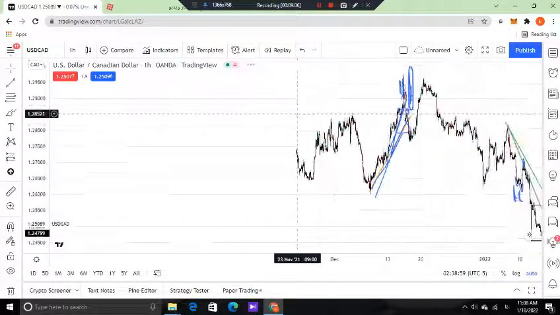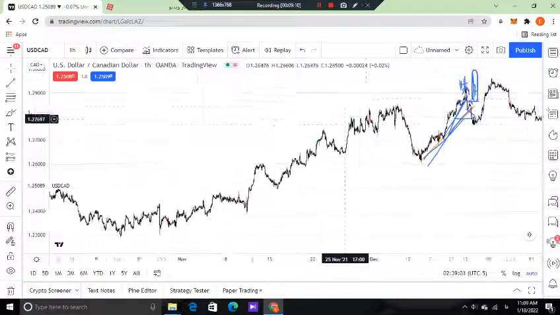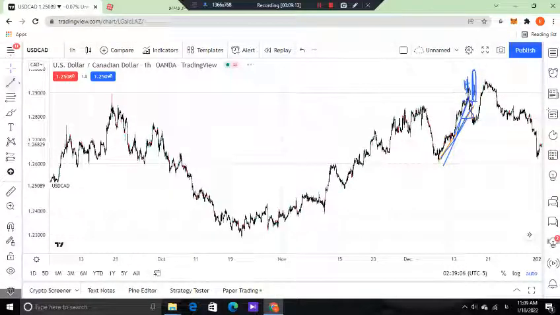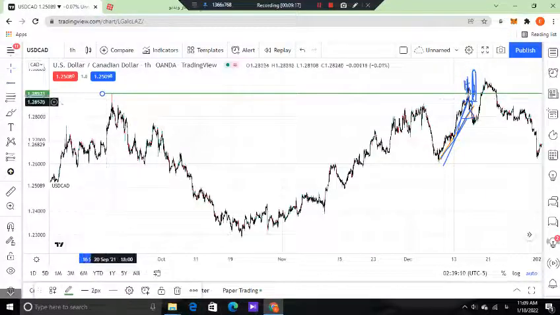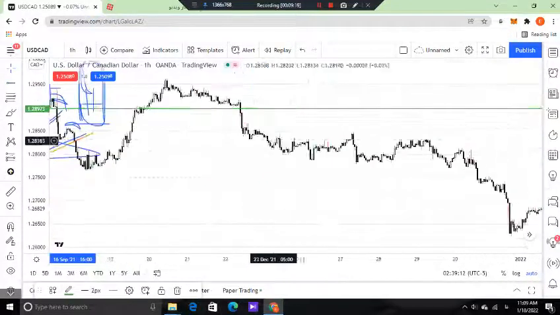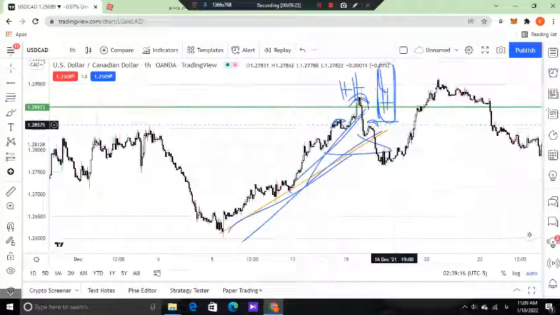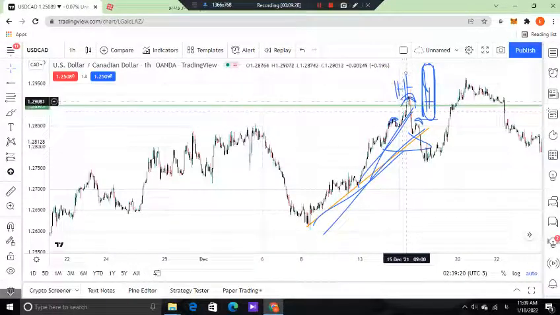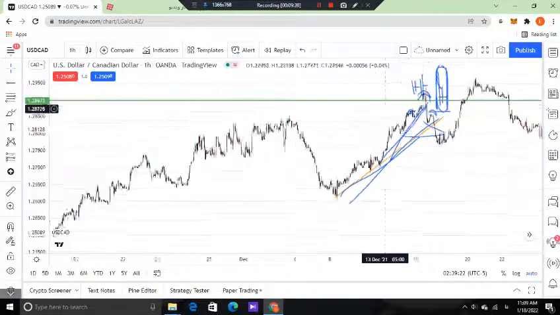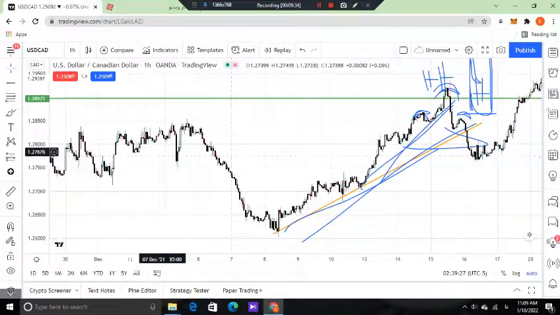But you can also use the big picture. For instance, there is a resistance at this top, at this high. When you draw this, you expect to see a change, or at least a pullback, when price reaches this level. You can use other things like measured moves.